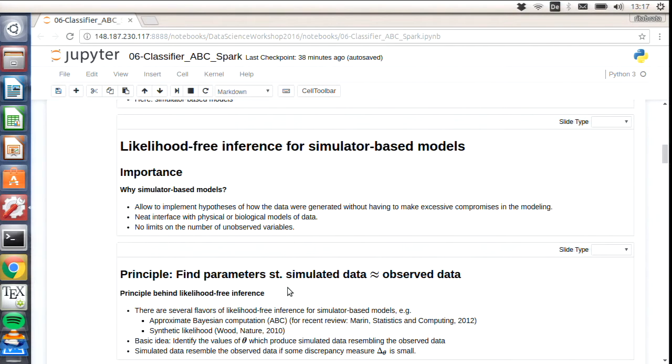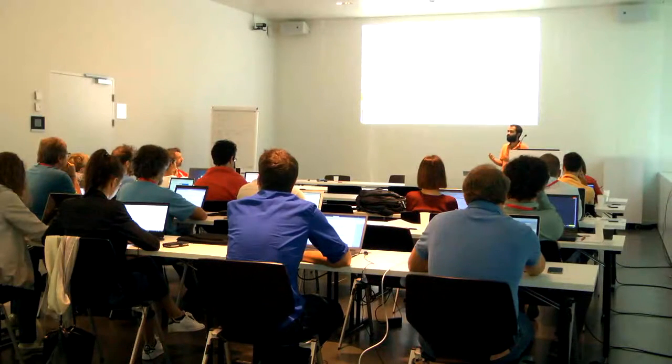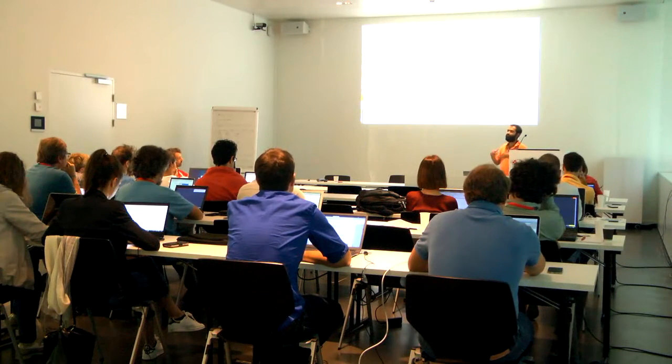Secondly, it enables inference with physical or biological models of data, because a lot of the time the data set is so complicated that defining a model is very difficult. And the third one is no limits on the number of unobserved variables. There can be a lot of auxiliary variables, because inside the black box a lot of things can happen, and you don't really care about them.